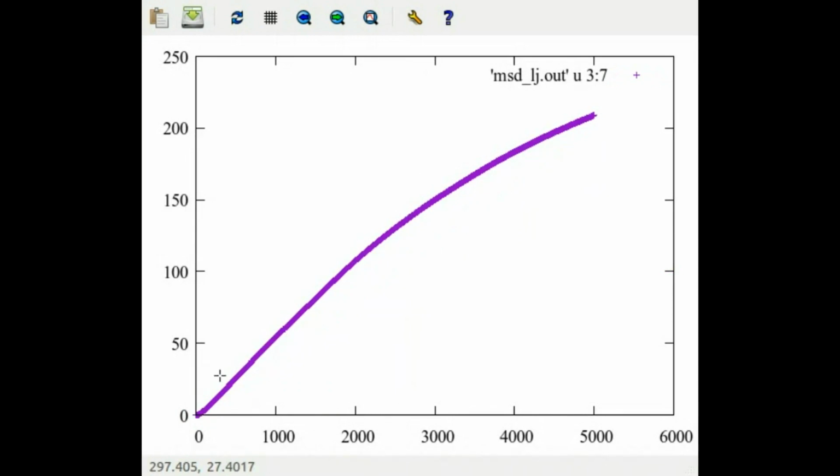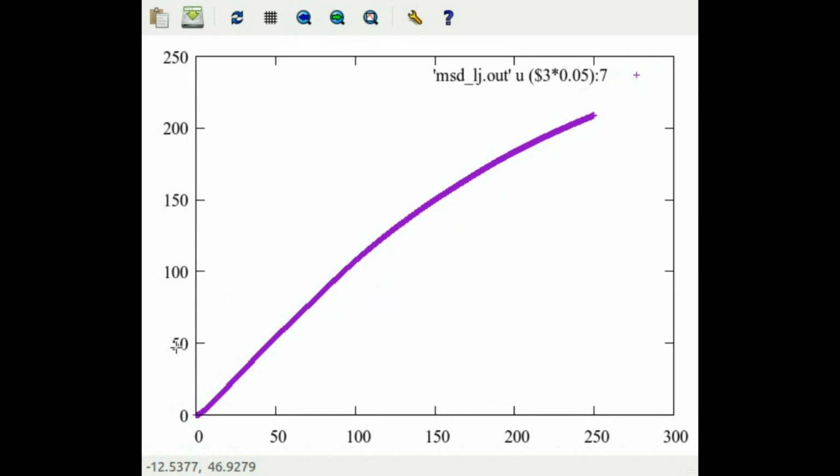But here is your mean squared displacement. Essentially the bottom axis is time steps. We had a scale where every time step was 0.05 reduced time. So this should be times 0.05, which I can easily do. There we go. So the bottom axis is time.